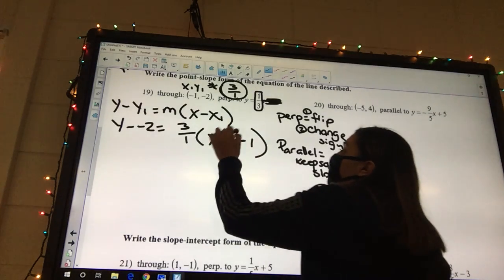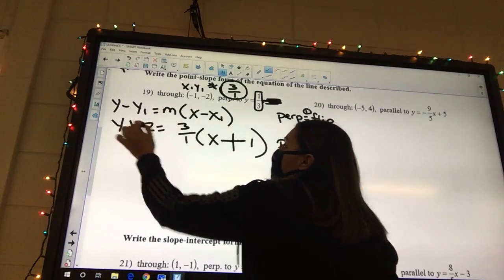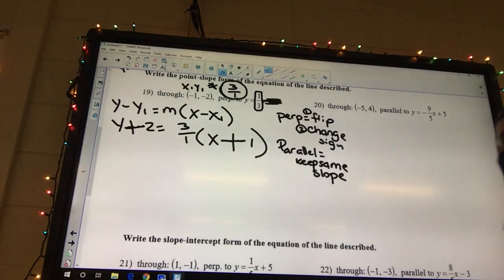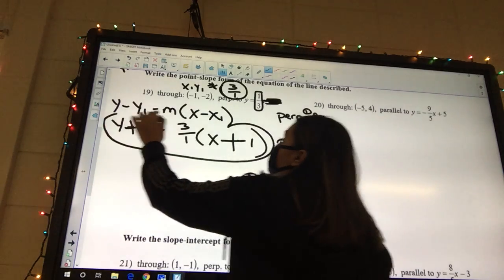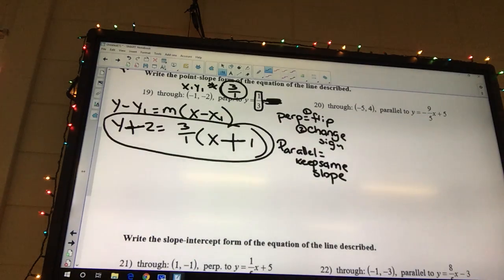Okay, so a minus minus is going to be a plus, plus. Okay, and then we can stop. We're done. Because it says point slope, we should have it left in parentheses.